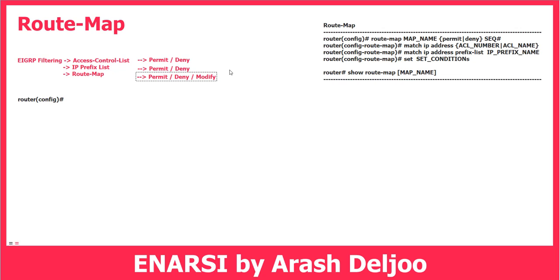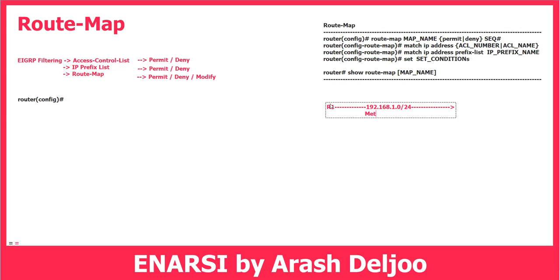Maybe you ask me what the meaning of modify is. This means that you can change some of the attributes of one update. In a routing network, when R1 wants to send a routing update to router 2, it should use one network and also one mask. And here we have many features.